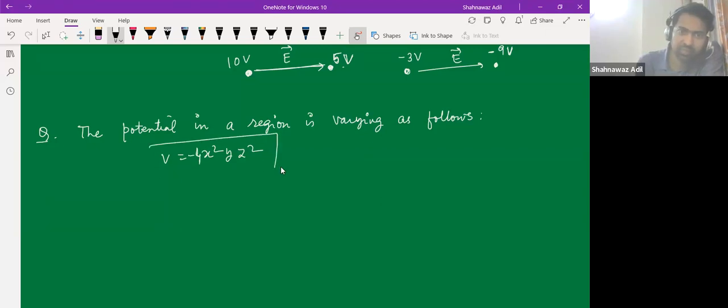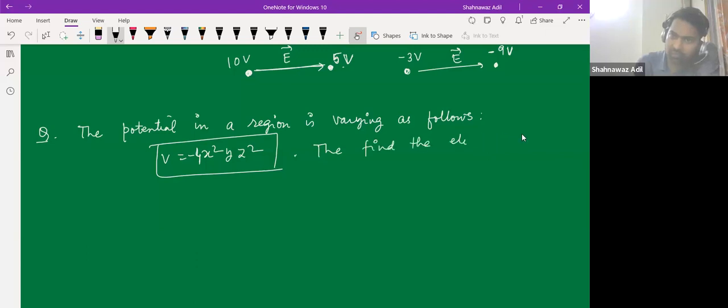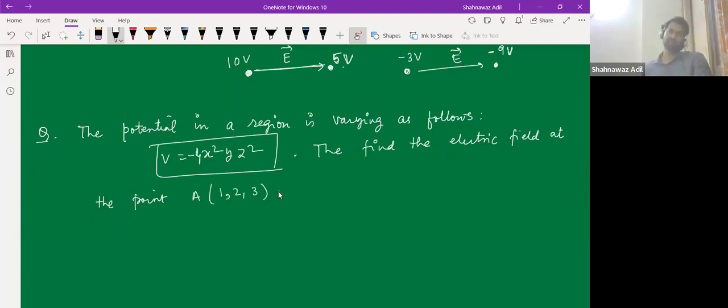So this is the type of potential which is given. And then find the electric field at the point A, which is (1, 2, 3). Find the electric field. Okay, is this question clear?